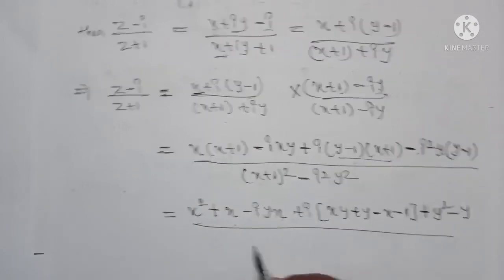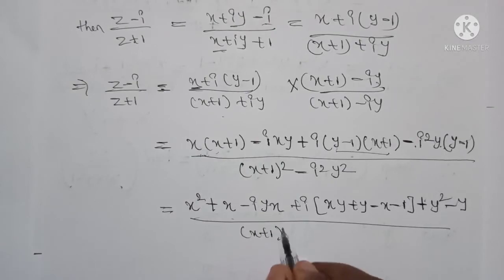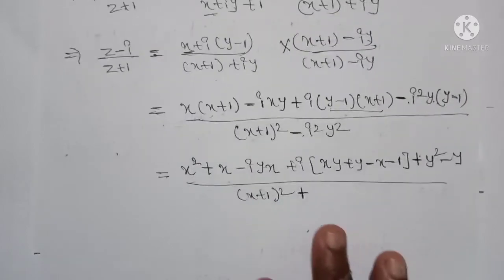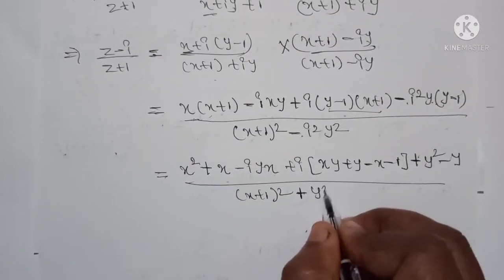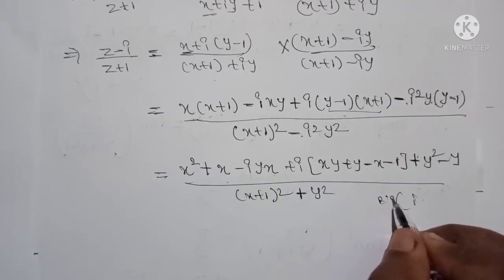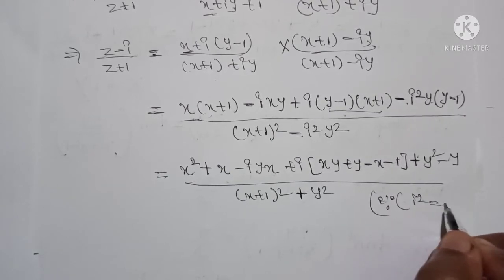In the denominator, x plus 1 whole squared, substituting i squared equal to minus 1, we get plus y squared, since i squared equals minus 1.